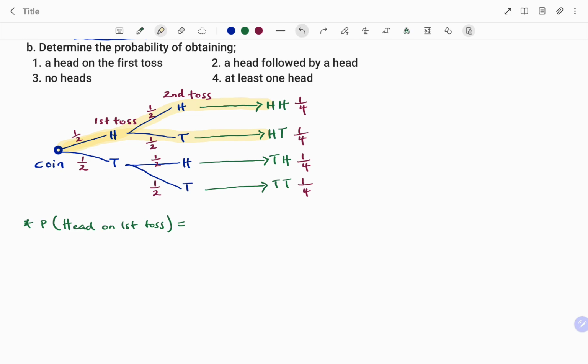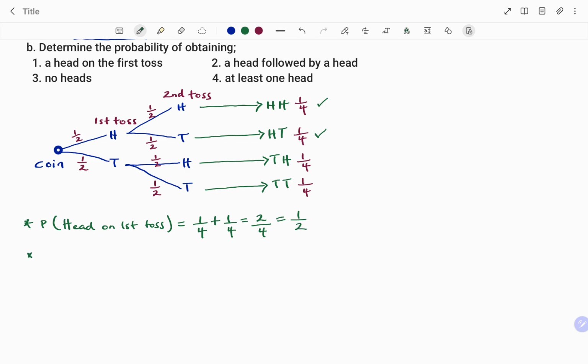So we have 1 out of 4 and 1 out of 4. If we add that together, we have 1 over 4 plus 1 over 4. The denominators are the same, so we have 2 over 4. And if we simplify, we have 1 over 2.